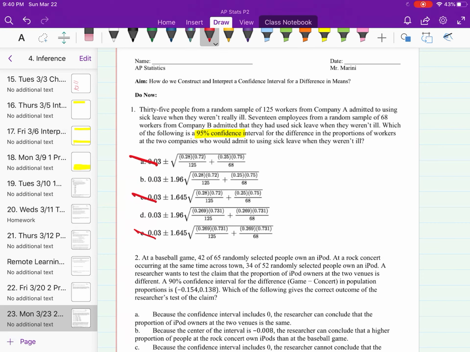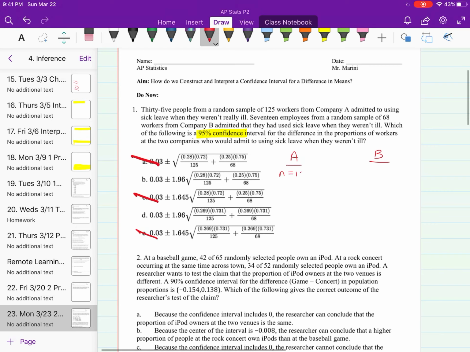It also says that there are two companies. I'm going to jot down some information that they give us about both companies. Company A and Company B. Company A, the sample size is 125. And Company B, the sample size is 68.